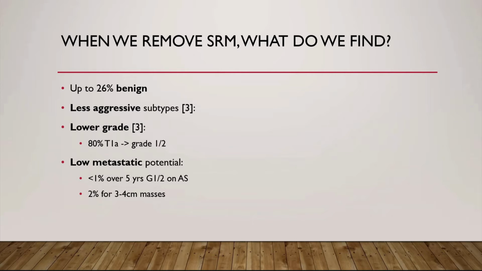So when we remove these small renal masses, what do we find? Well, like I said, a quarter of them can be benign. They tend to be less aggressive subtypes and usually lower grade. So 80% of T1A lesions are only a grade 1 or 2. And we know that they have a low metastatic potential. So less than 1% over 5 years of grade 1 and 2 small renal masses metastasized on active surveillance.